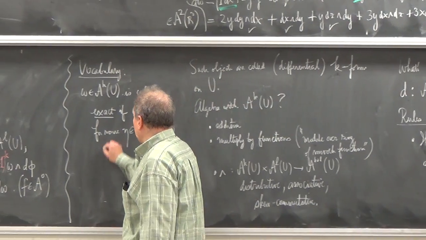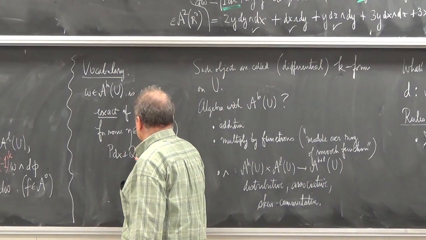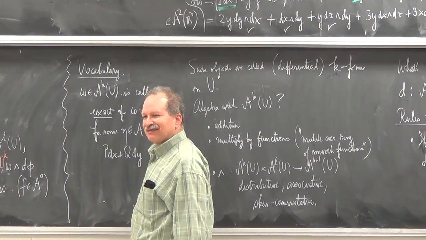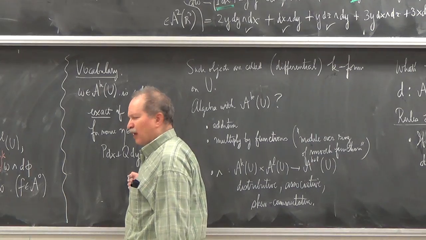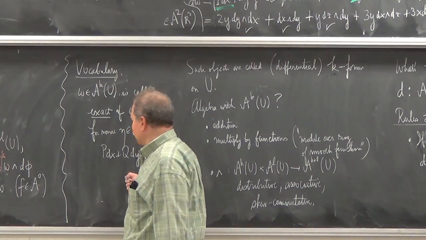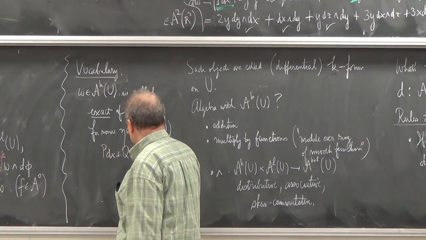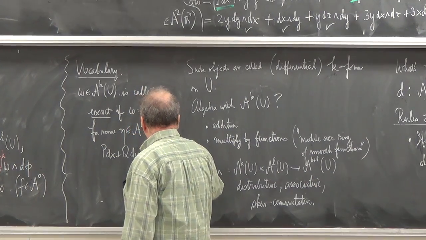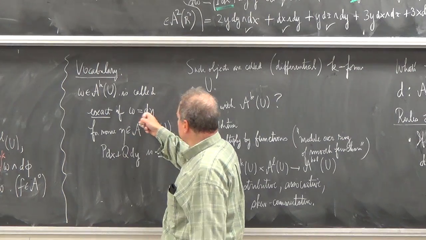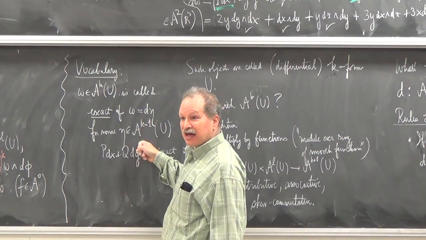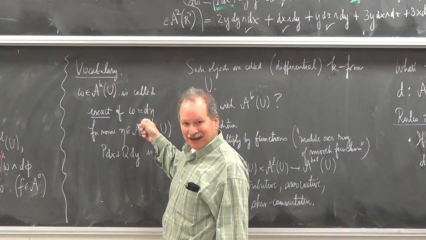Often they will talk about having an exact differential, which in our language is an exact 1 form. Michael, have you seen this in physics? Omega is exact if, well, this is a 1 form, so it would need to be d of an eta where eta is a 0 form, namely a function.